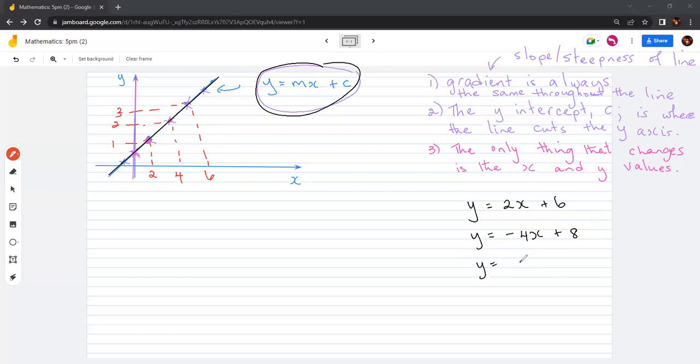So if they ask us to find the equation of a line, we want it like this, where you have the value of m, which is your gradient, and a value of c, which is your y-intercept.